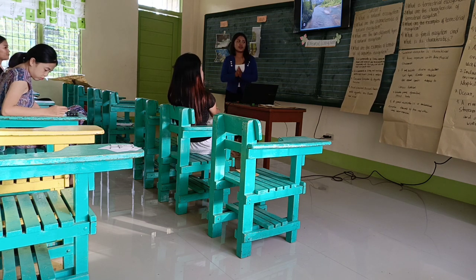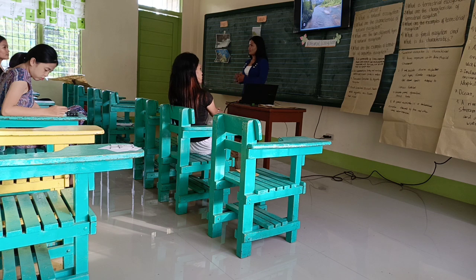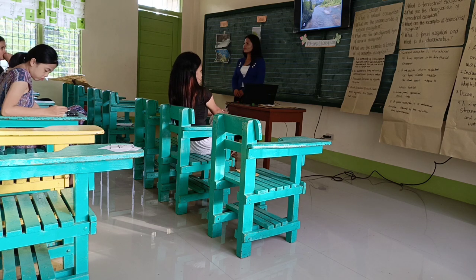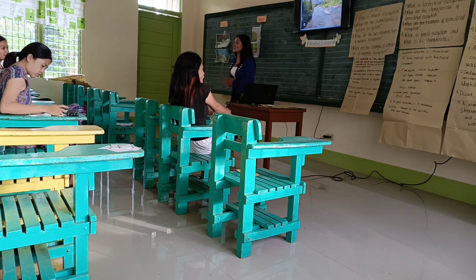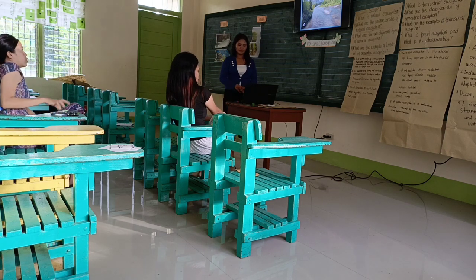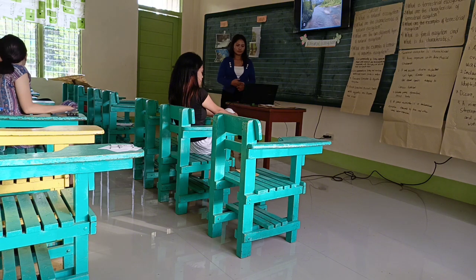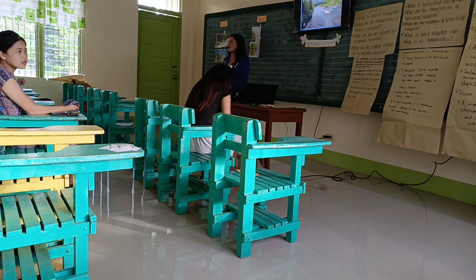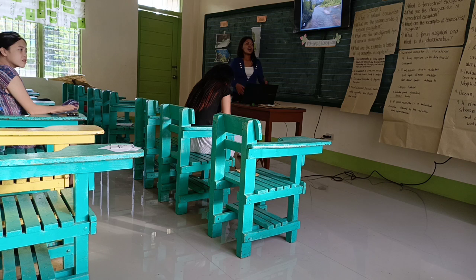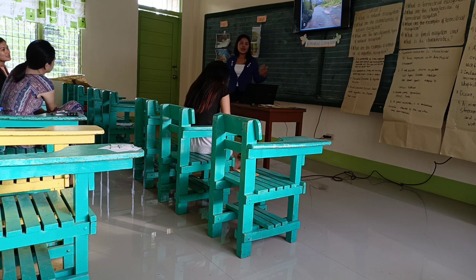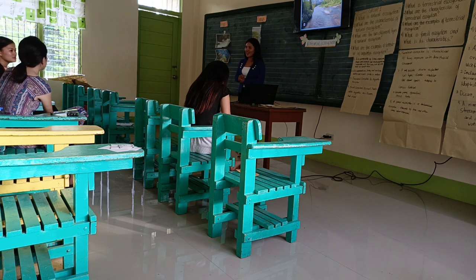How about the characteristics of river? What is the characteristics of river? So the characteristics of river, it carries water downstream, and the deeper it gets, the wider its banks.